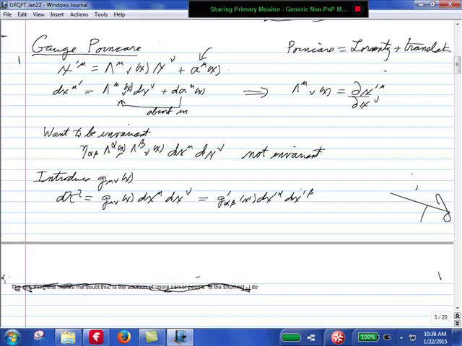We're looking for S. I'm going to use the scalar field first. The scalar field's the simplest guy, which is going to be a function of phi, the derivatives of phi, and g.